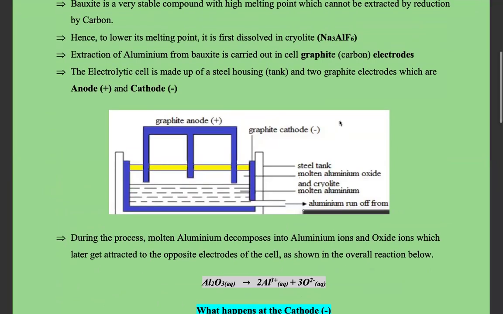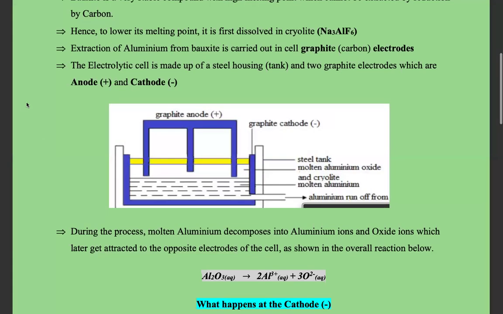So this cell here, we can see that it's a cell. Now, because we are using electricity, we need to make sure that we understand the terminals. Remember, electricity flows in the conductor, and we need to know which terminal is positive and which is negative.